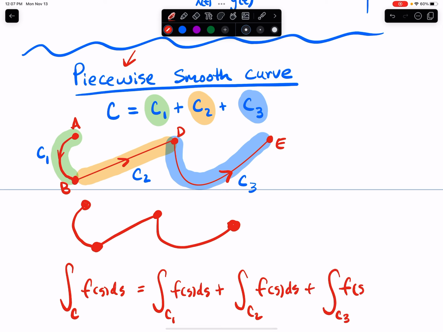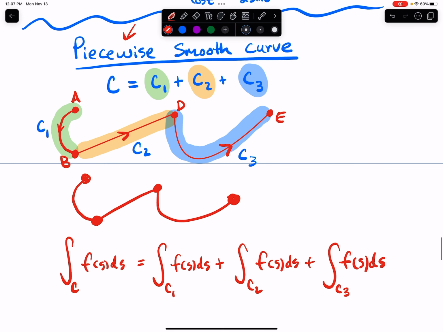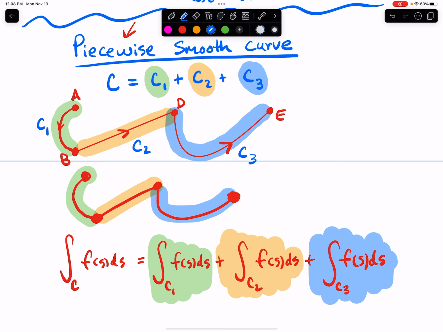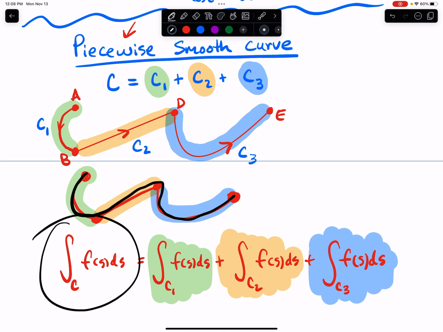So break it up over the pieces, find it for the first piece, add it to the second piece, and then add it to the last piece. Then I can get that total area under the curve. All right, guys, that's going to conclude this video.